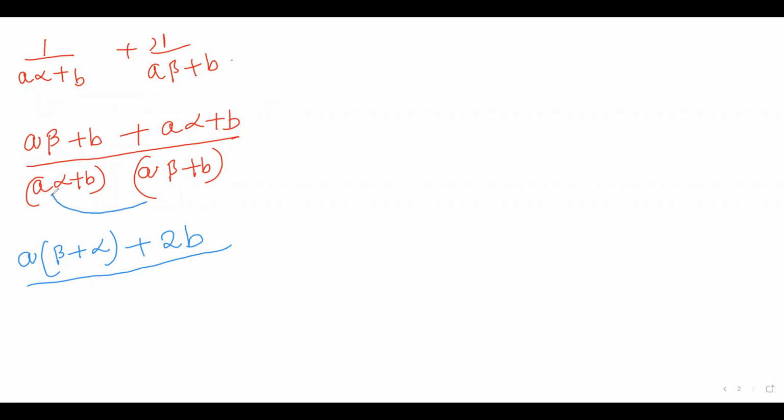A alpha into A beta is A square alpha beta. A alpha into B is AB alpha. B into A beta, AB beta. Lastly, B into B, B square. Is that okay?